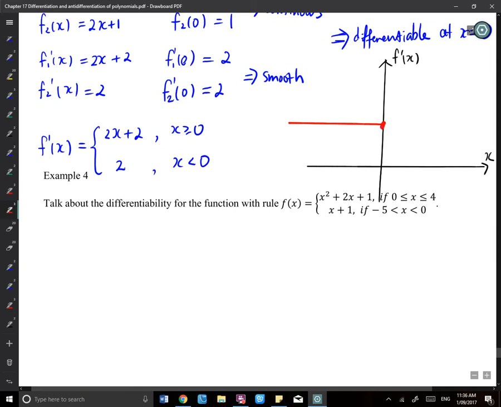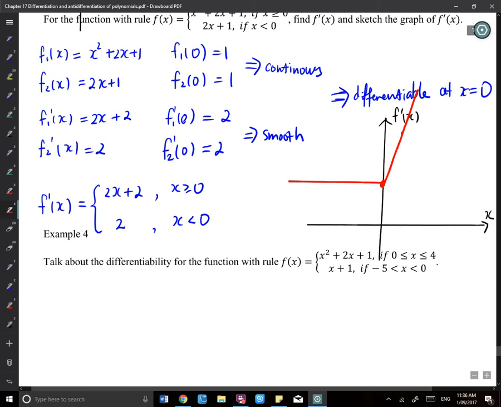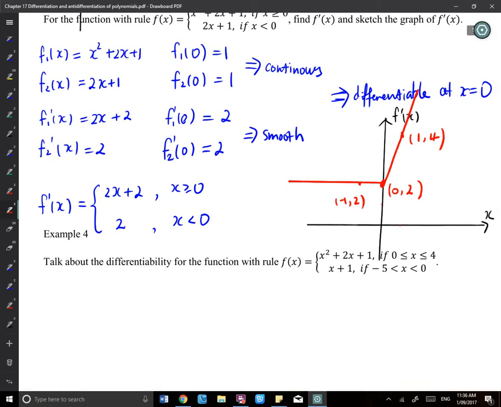It must be the same point at 0. And then when x is 1, that could be 4. It's this graph here, so that's the derivative graph. That point is (0, 2). Better label another one, (-1, 2), and that's (1, 4). I'm just sketching that hybrid function, one linear and one horizontal line.